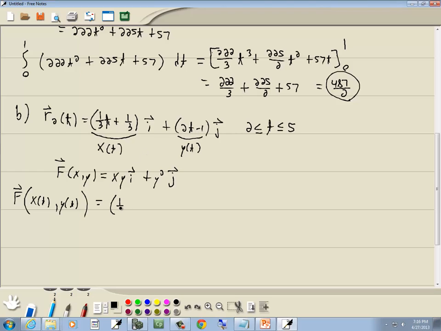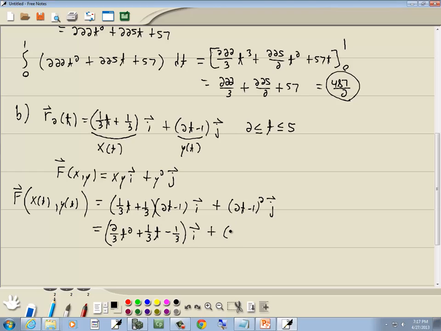So we're going to have 1/3 t plus 1/3 times 2t minus 1 i plus y squared, so we'll have 2t minus 1 squared j. 1/3 t times 2t gives us 2/3 t squared. 1/3 t times negative 1 is negative 1/3 t. 1/3 times 2t is 2/3 t. 2/3 minus 1/3 gives us 1/3 t. 1/3 times negative 1 is negative 1/3 i.